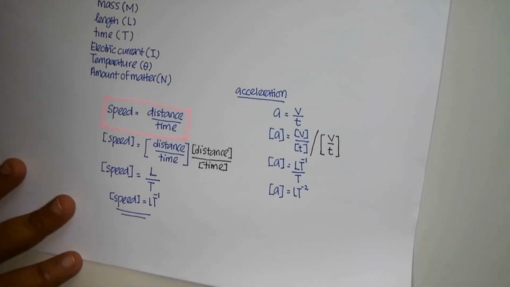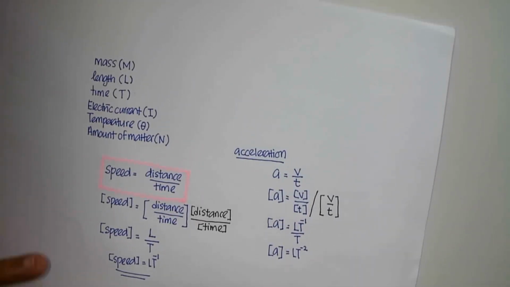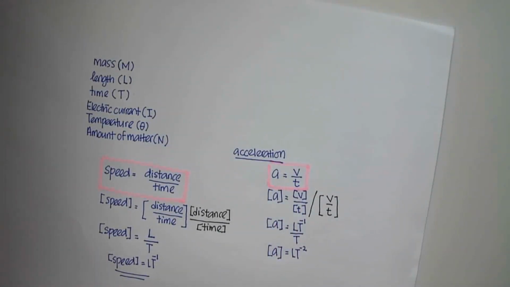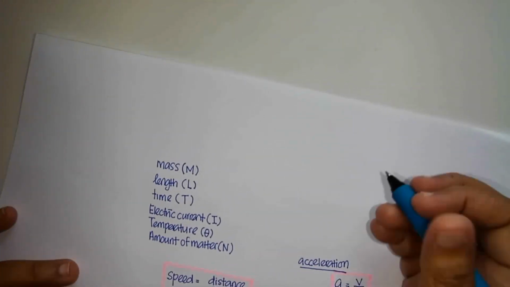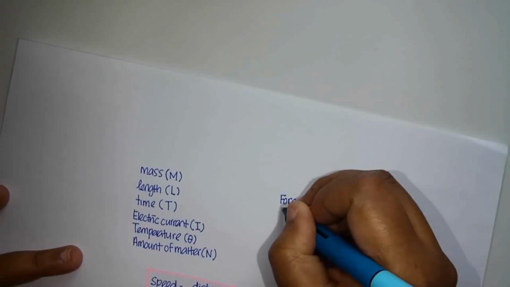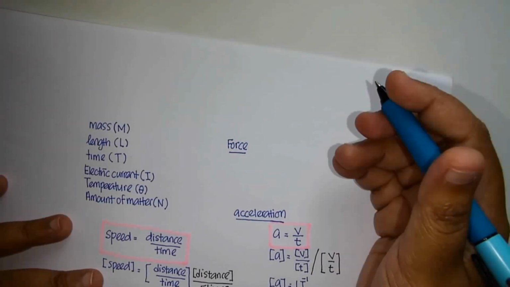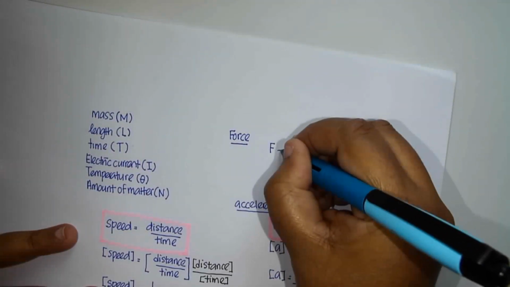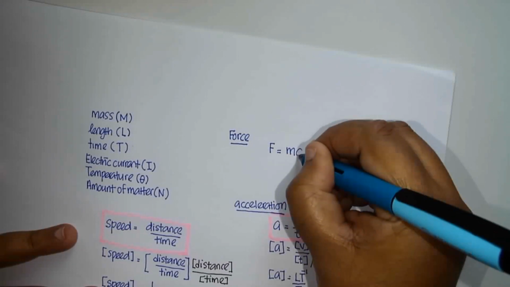So the dimension of acceleration is L T negative 2. Alright, I'm going to give you another example. Maybe we want to find the dimension of force. From the definition, of Newton's second law, we know F equals ma.